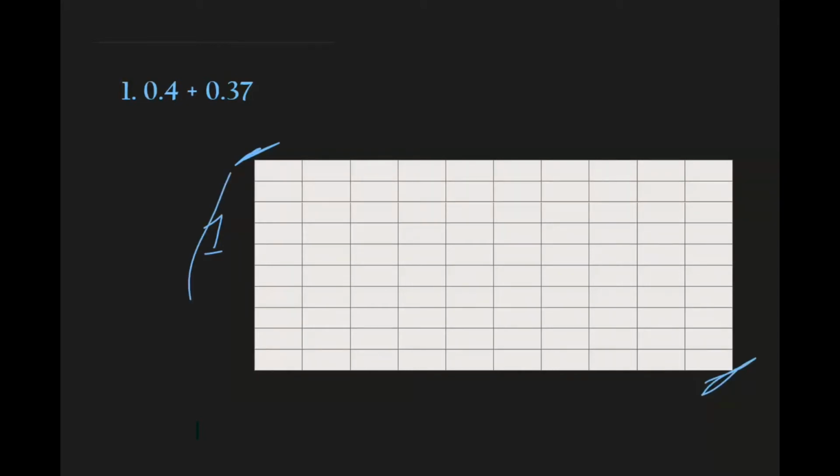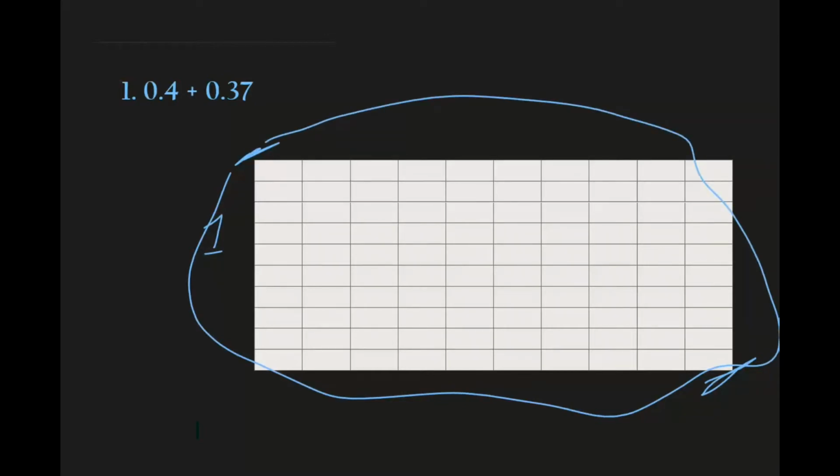That is 1. So this part of it would be 0.1. Then just the one block would be 0.01. So this is the tenths place, and this is the hundredths place.